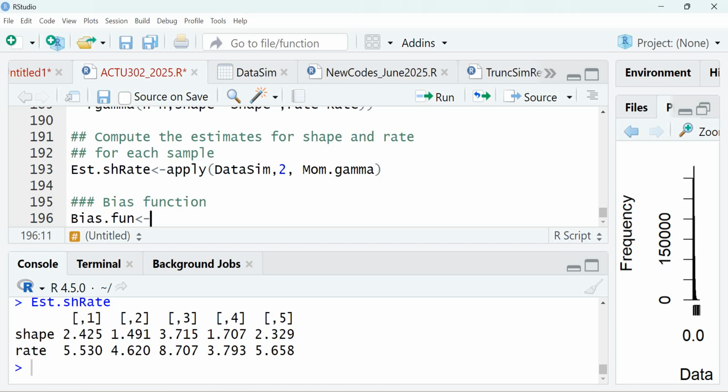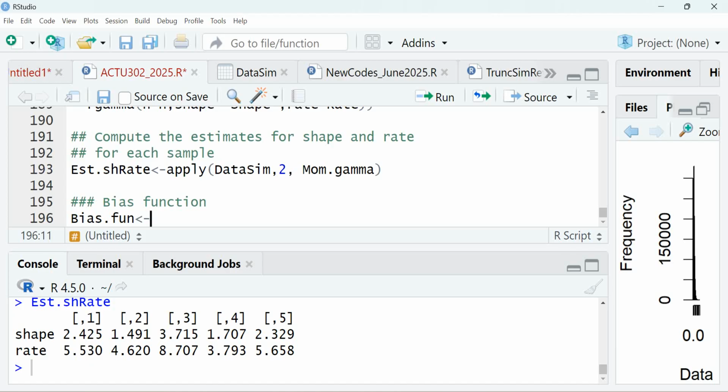Good. Okay, so the key thing is that you need the parameter. You need also the estimates of the parameter in that function. Is everybody okay with this? Then we will find the mean of the estimate. We subtract the parameter from it.